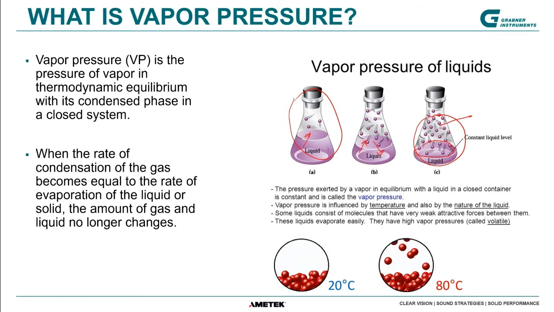Also, what the pictures show down here is that the vapor pressure is, of course, a function of the temperature. At lower temperatures, you have less movement of the molecules, so the vapor pressure is less. If you go to elevated temperatures, the movement of the molecules is much stronger, and subsequently the vapor pressure that builds up in a confined space is also higher.